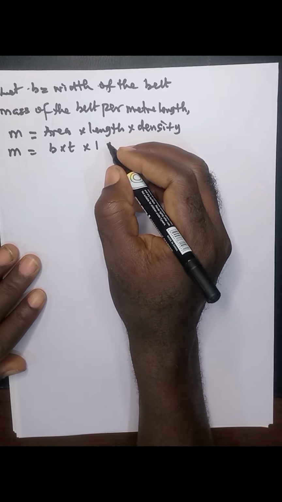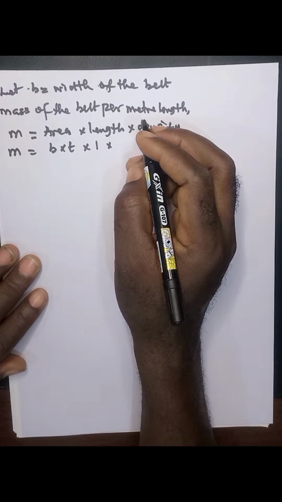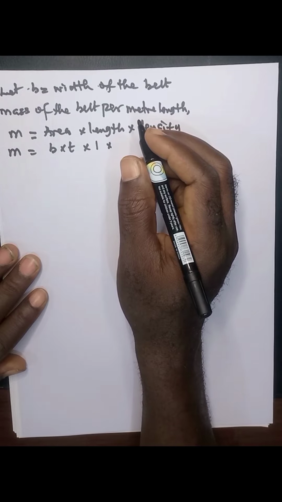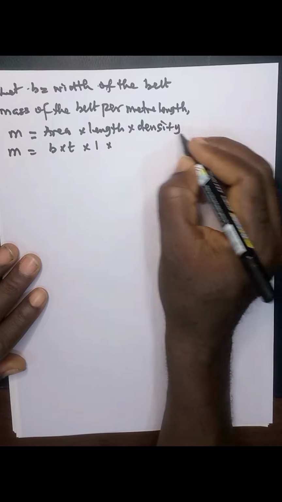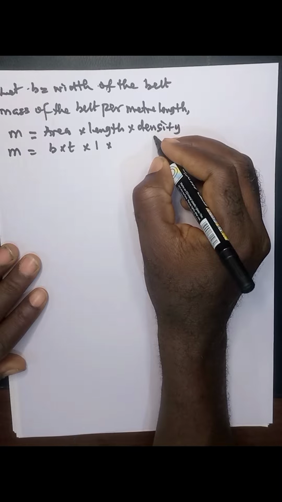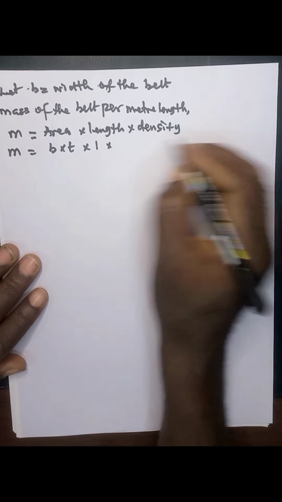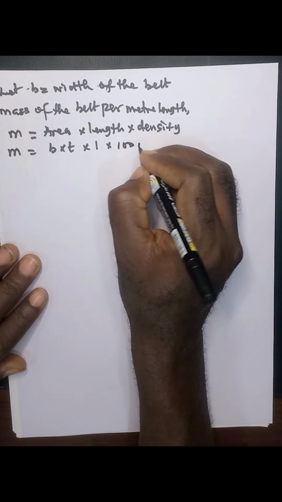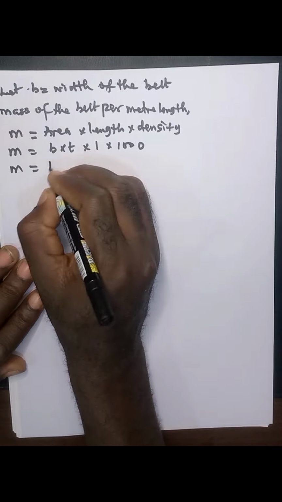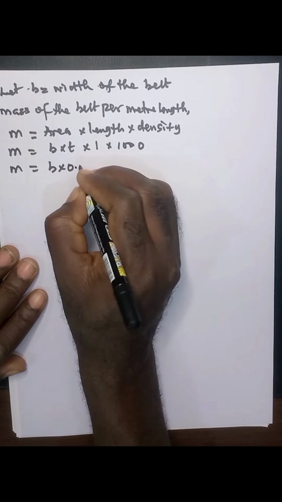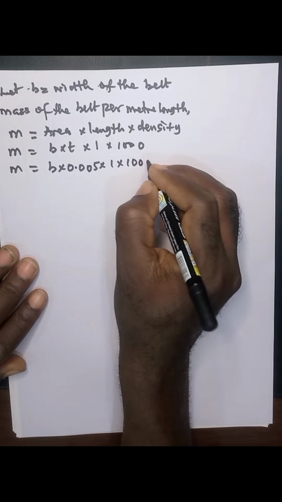Here, assuming that the belt is made of leather whose density is 1000 kilogram per meter cube. This is just an assumption. So for that, we are going to use the density of the leather belt, which is 1000 kilogram per meter cube. Then from here, we have M is equal to B times the thickness 0.005 times 1 times 1000.